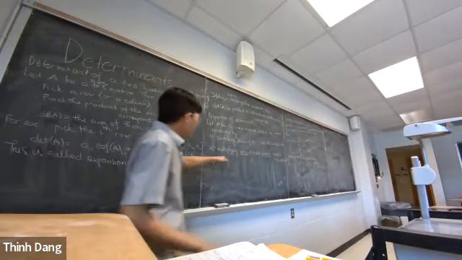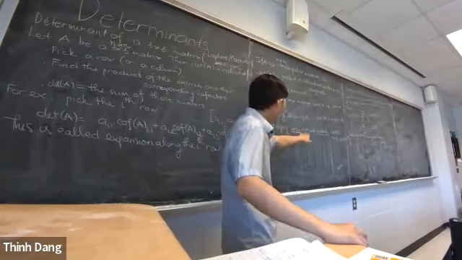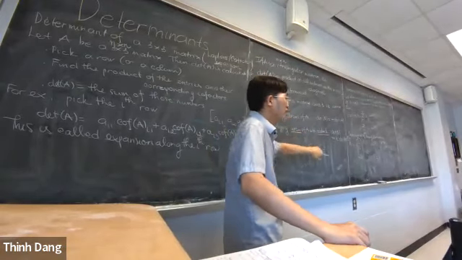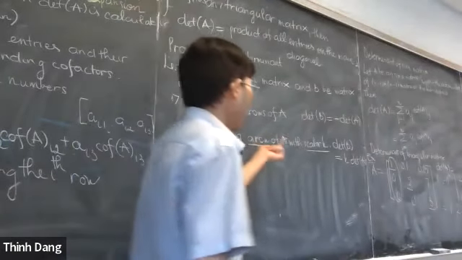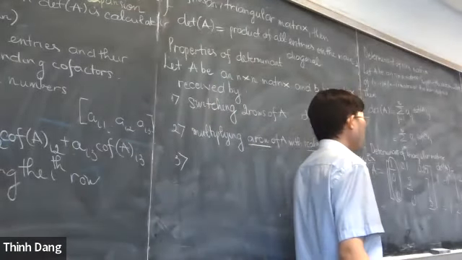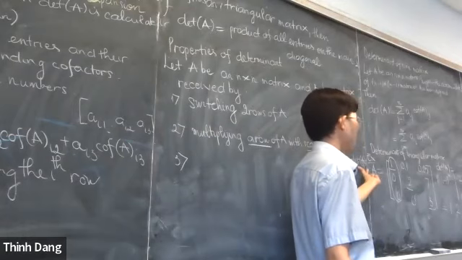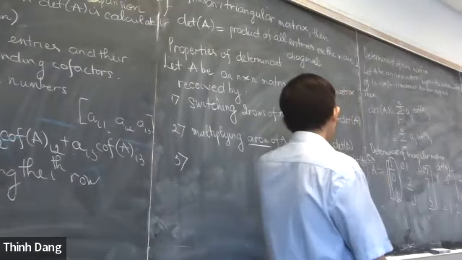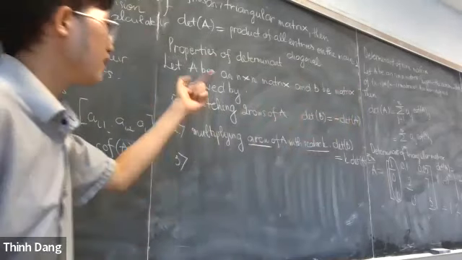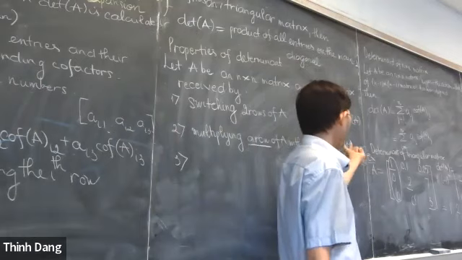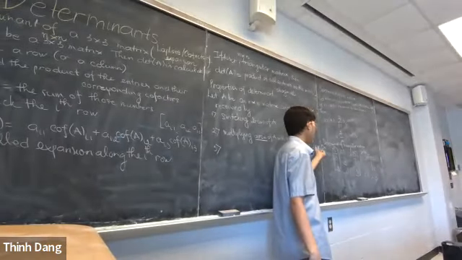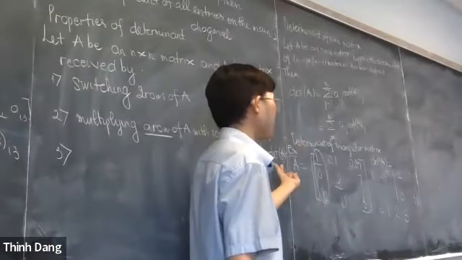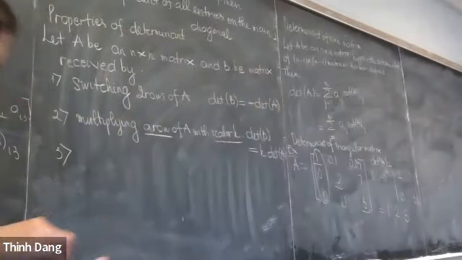This property is only about multiplying a row with a scalar K. If you are multiplying more rows with different scalars, then the determinant of the new matrix should be equal to the product of all these scalars multiplied by the determinant of the original matrix. So that should be the case for the second property.